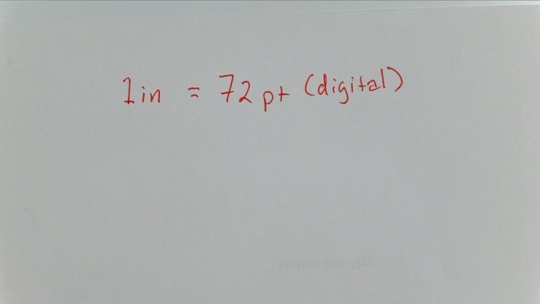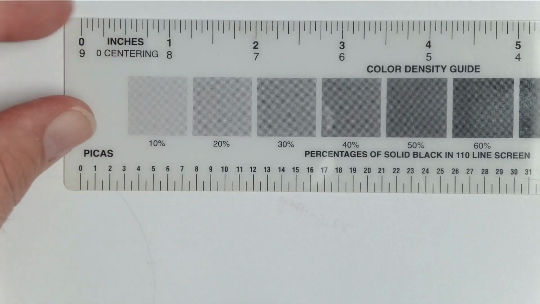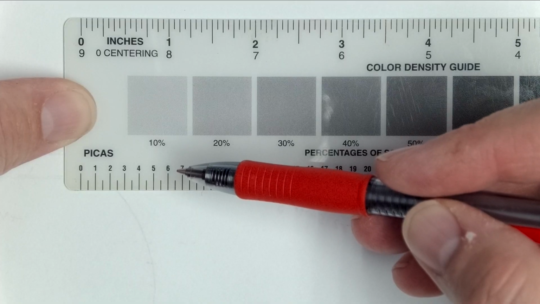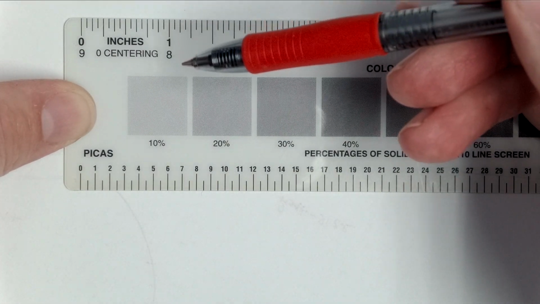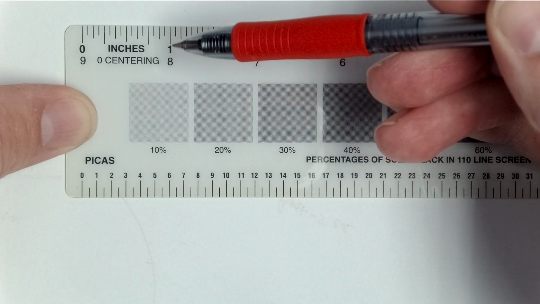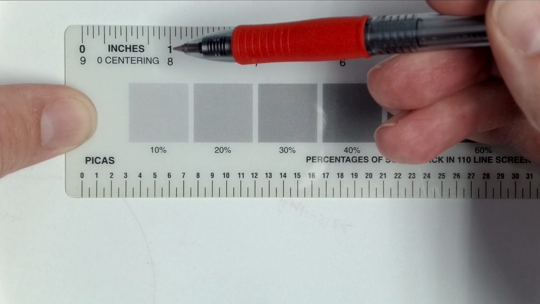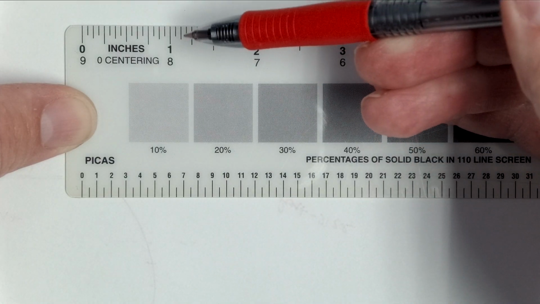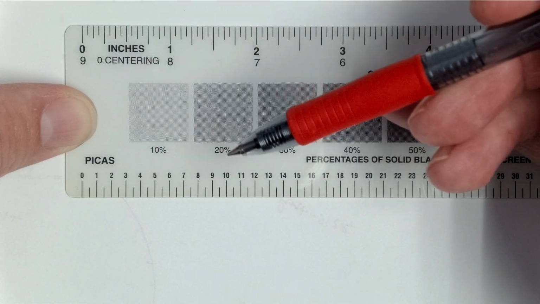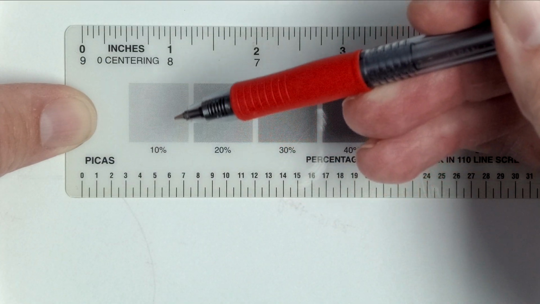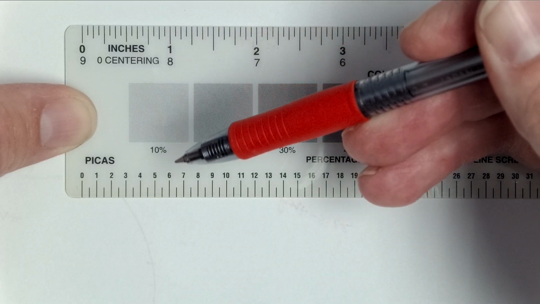Now, the other scale that we use is picas. So these picas here. Everybody see that? It's really nice because I have the inches up top and the picas underneath. If you look at the 1 inch mark here, which line does it line up to in the picas underneath? If I drew a line connecting 1 inch down to the picas, which one do you think it connects to? 6, absolutely. 1 inch is equal to 6 picas.